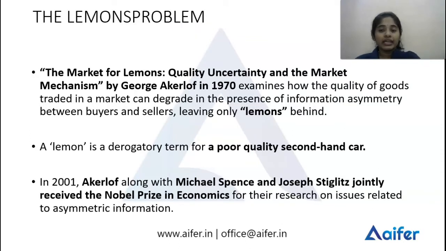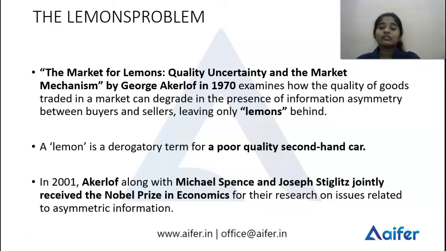One very important example of asymmetric information is the lemons problem. This is an example given by George Akerlof in 1970, in his paper The Market for Lemons: Quality, Uncertainty, and the Market Mechanism.